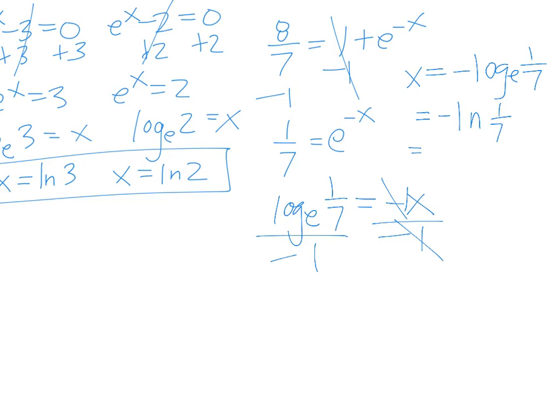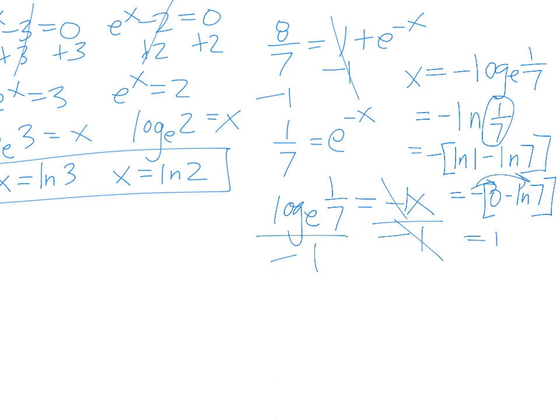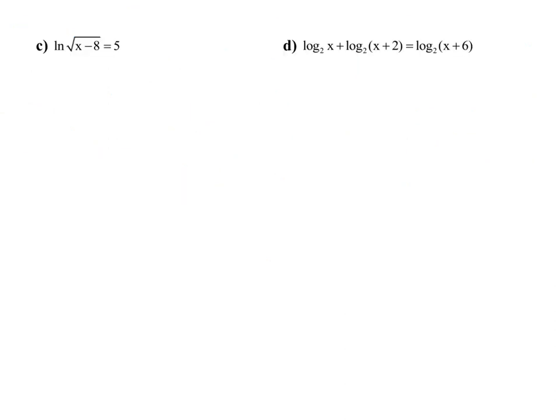And then now I will write out the quotient property, natural log of 1 minus natural log of 7. And I have negative of natural log of 1 is 0. It's minus natural log of 7. And I'm going to distribute the negative, and I get natural log of 7. That's what x is equal to. Done. All right, on to the next example.